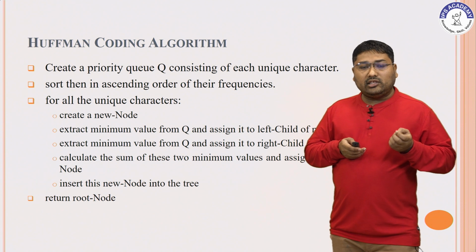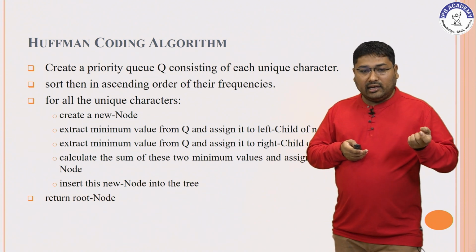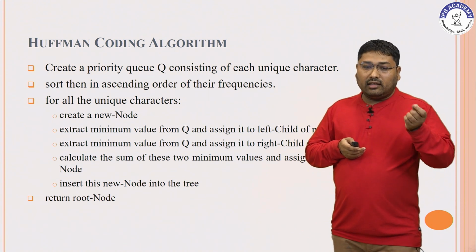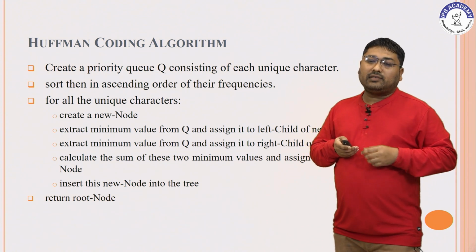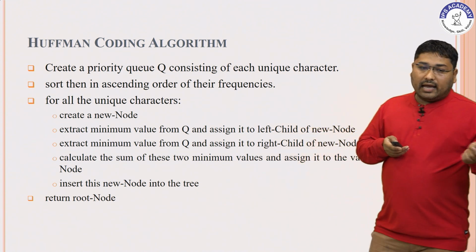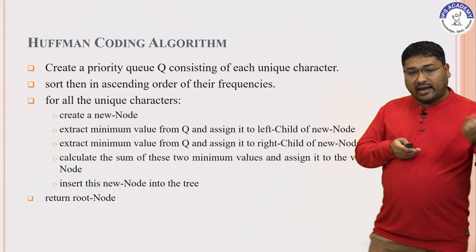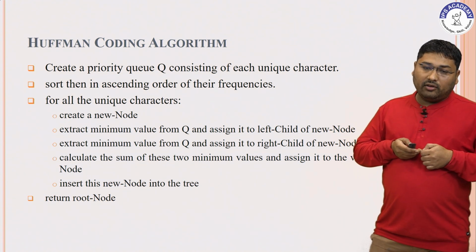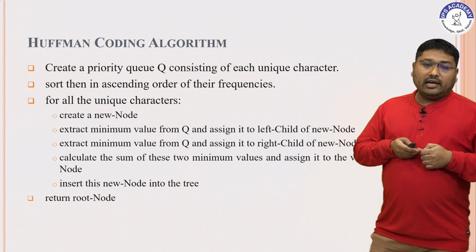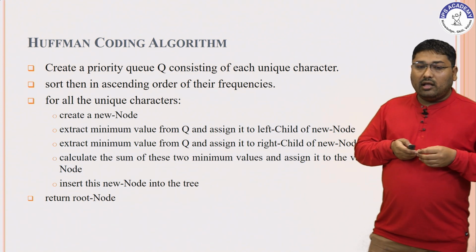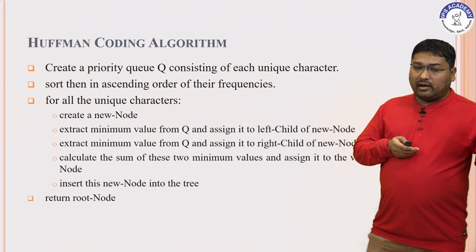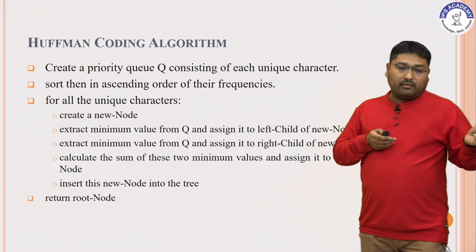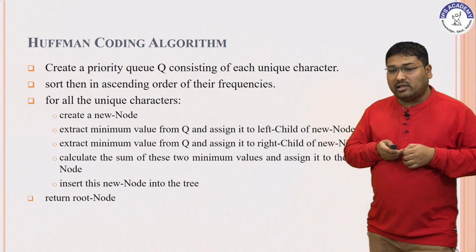Now for each unique character we create a new node, then extract the minimum value from the priority queue and assign it to the left child of the new node, and then extract the second minimum value from the priority queue, which becomes the right child of the new node. The new frequency value is calculated from the left child frequency value and the right child frequency value.